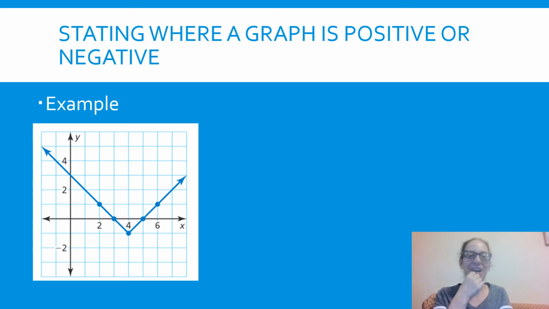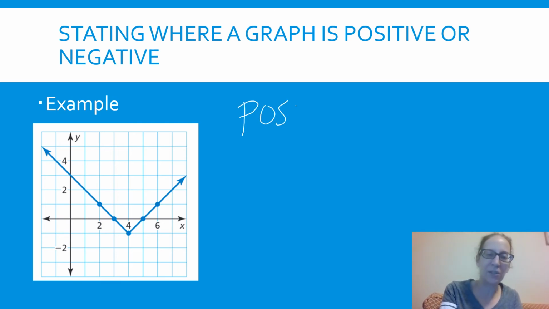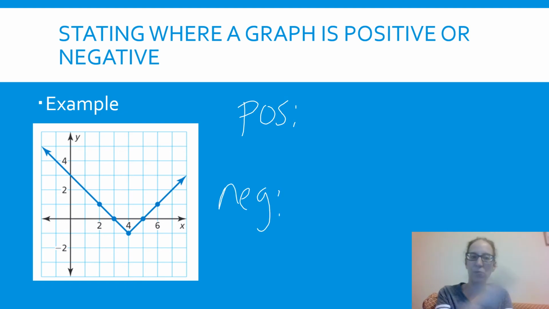So anyway, okay, so stating where a graph is positive or negative. So we need to remember what that means. Positive just means above the x-axis, negative means below the x-axis. And just like with increasing and decreasing, I'm going to label my answers, okay, positive and negative, so that I know which answer goes with which piece of that. And I'm going to use a highlighter.